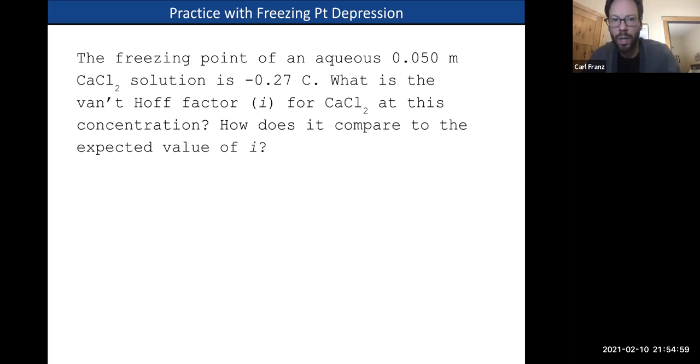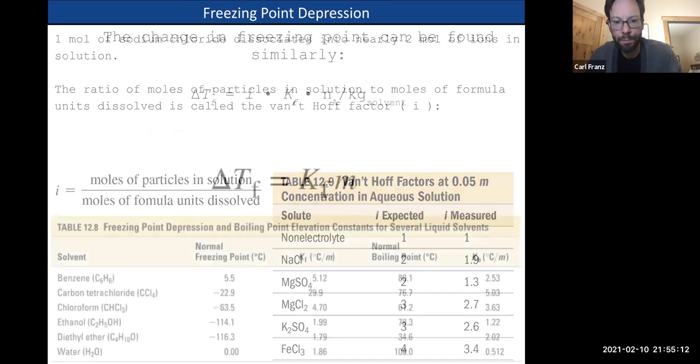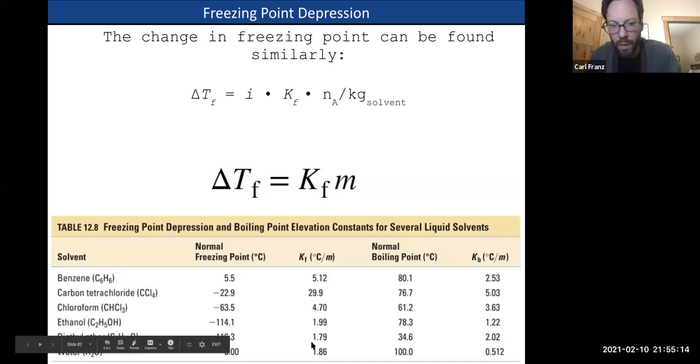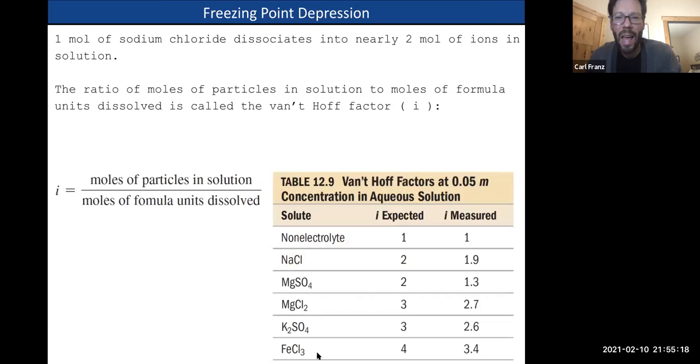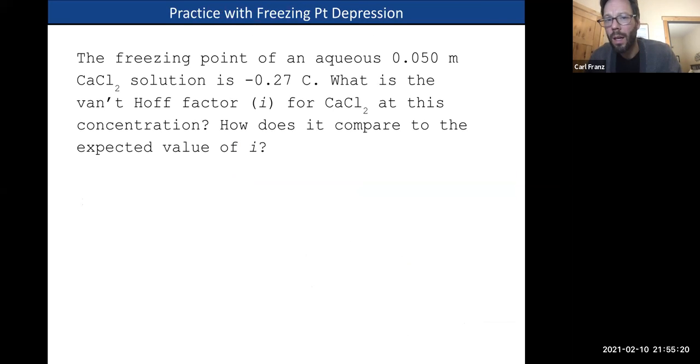Oftentimes if it says aqueous solution, aqueous means it's in water, so you'll use the Kf of water, which is 1.86. Remember that: when you see an aqueous solution, the calcium dichloride is the solute and water is the solvent.